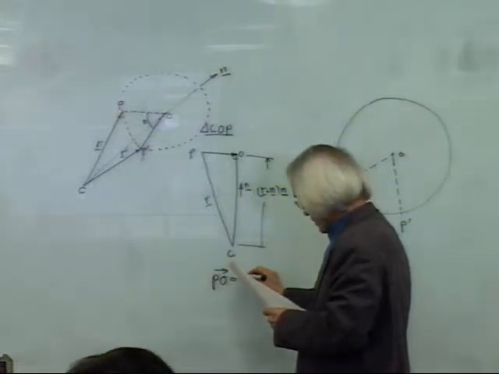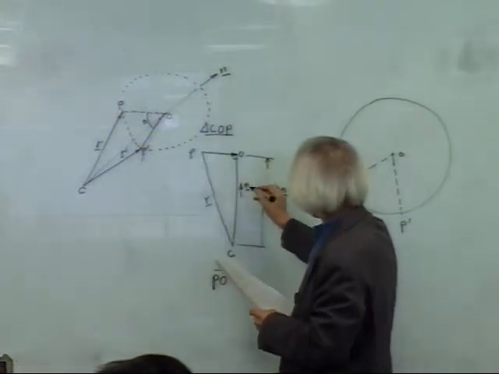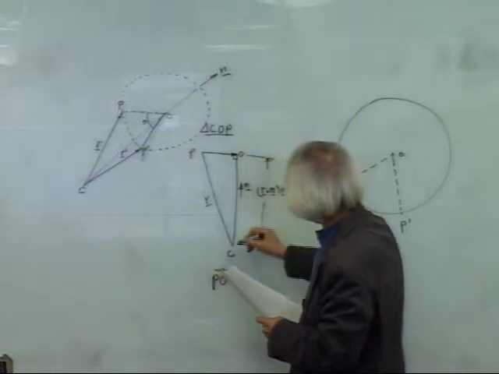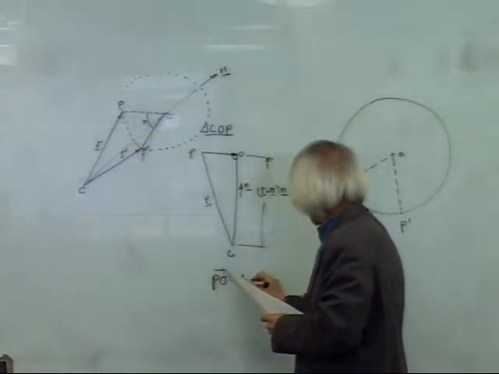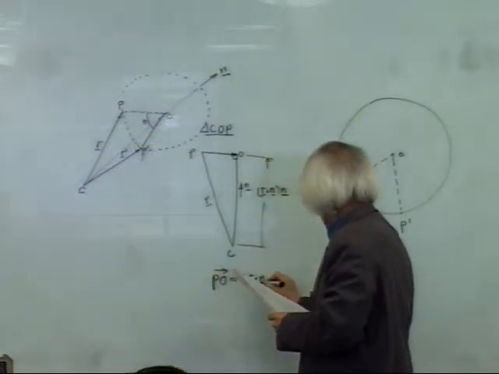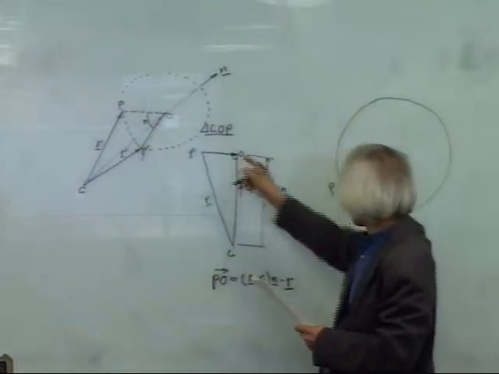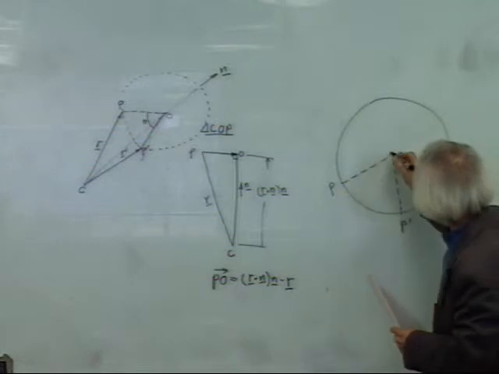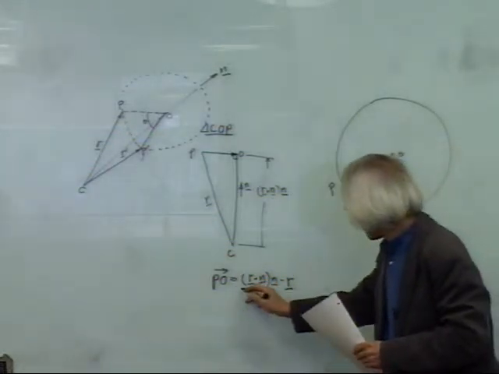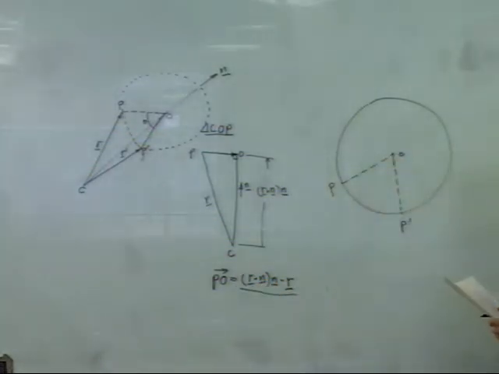So PO is this one plus that one is this one. So PO is minus R. So from here to there, it's got this, okay?